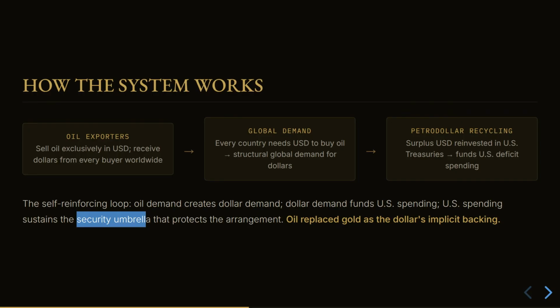This is not something that is optional, that you just want to be the good guy, the police of the world. They need this huge military in order to defend the system, the petrodollar system. Oil replaced gold as the dollar's implicit backing.